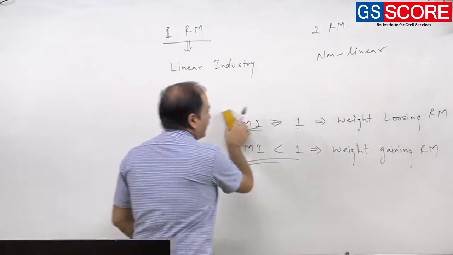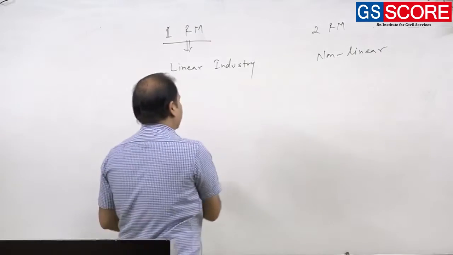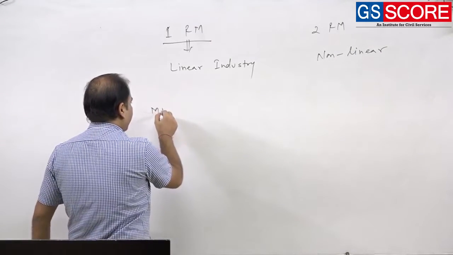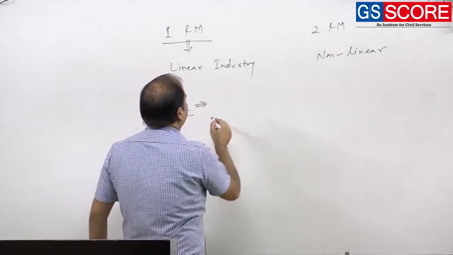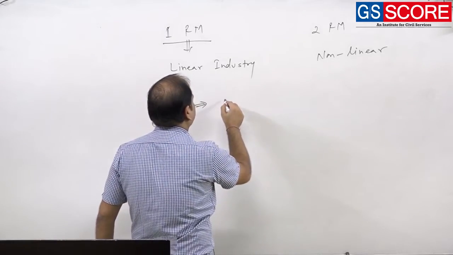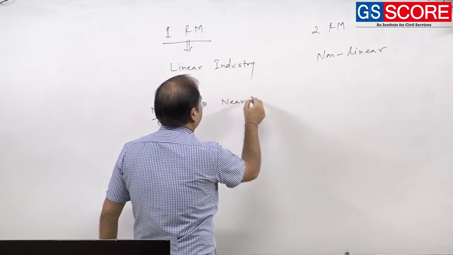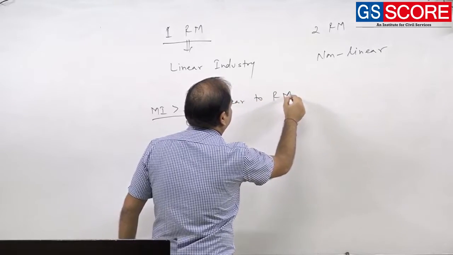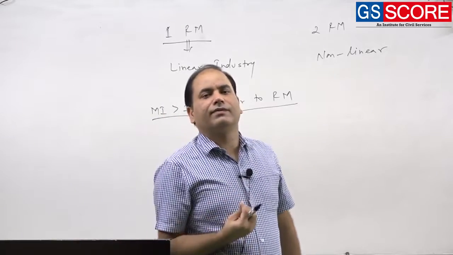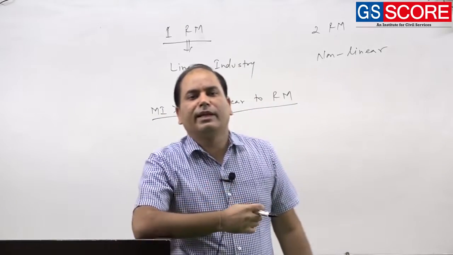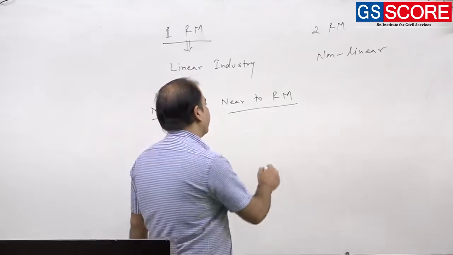For the linear industry, he simply suggested if Mi is greater than 1, the industry will be located near to the raw material.